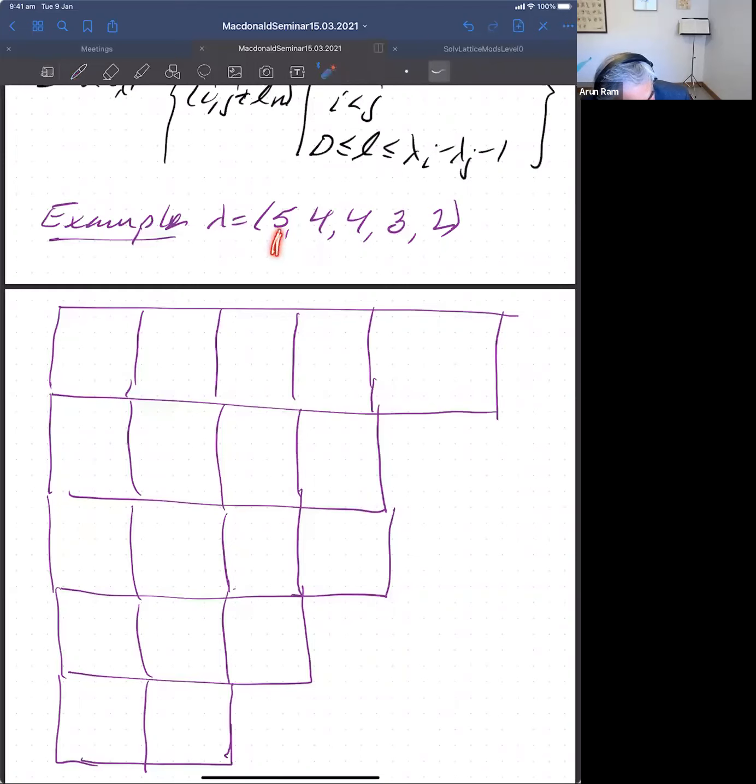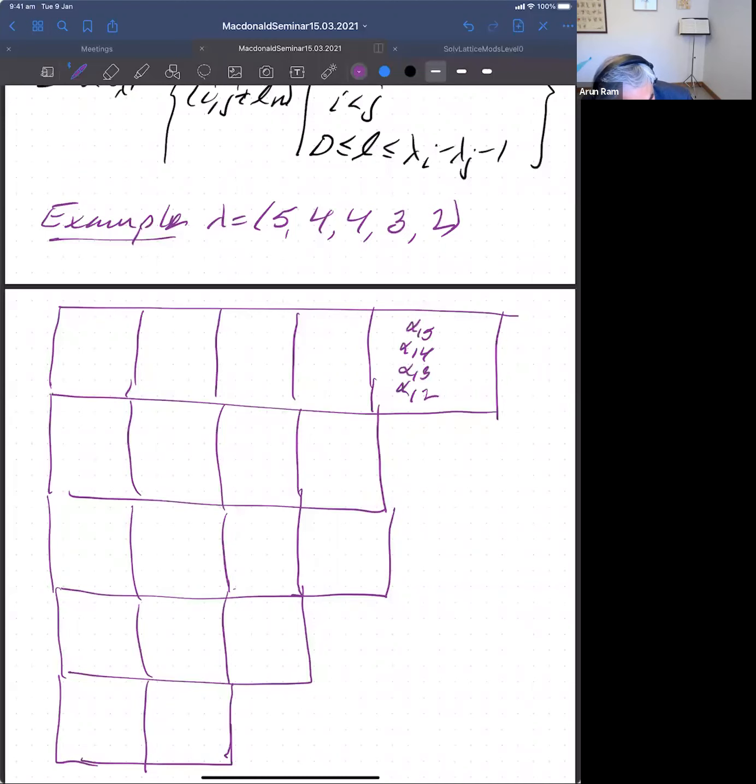This is lambda 1, and then I have lambda 1 minus lambda 2, lambda 1 minus lambda 3, lambda 1 minus lambda 4, lambda 1 minus lambda 5, and that gives me 4 roots, which I'll write as alpha 1,5, alpha 1,4, alpha 1,3, alpha 1,2.